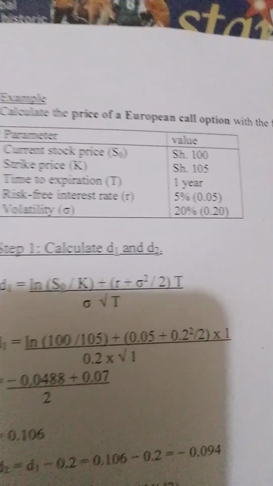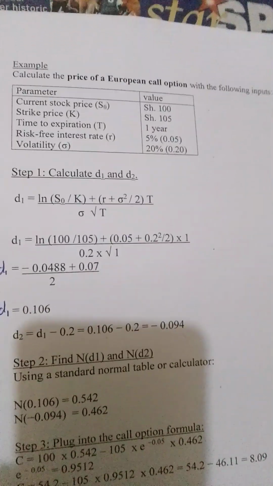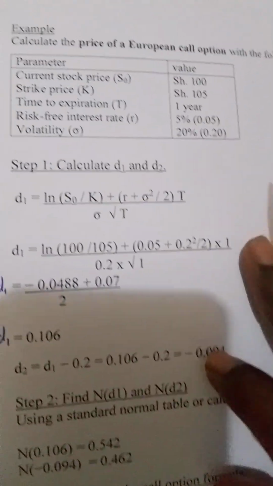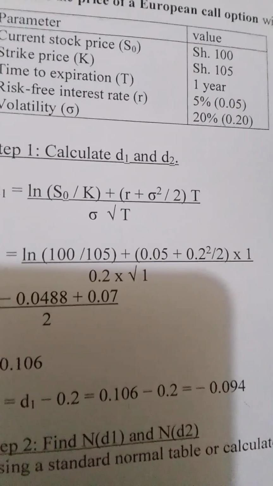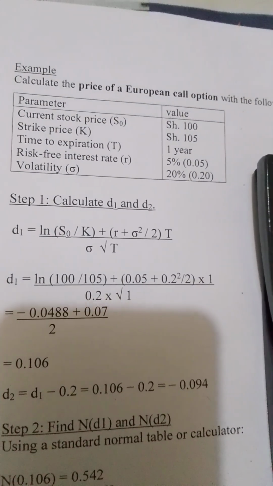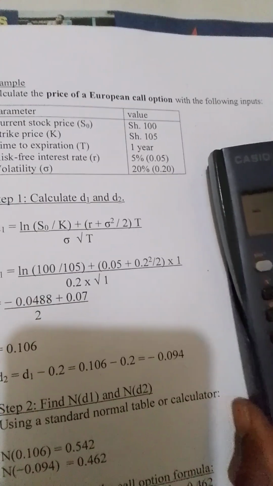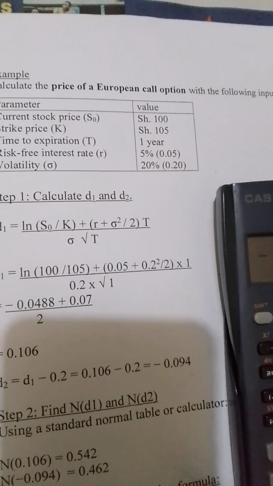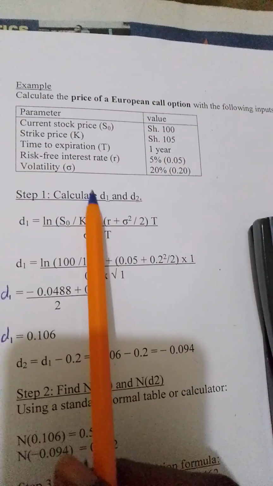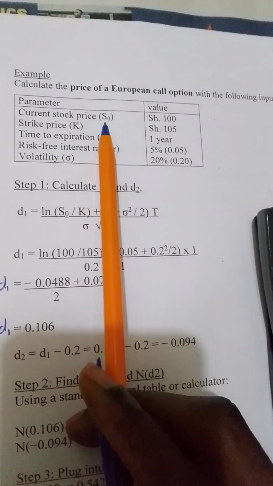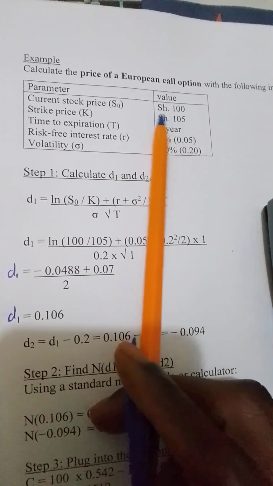Right, I am there. I'm giving an example whereby I'm told to calculate the price of a European call option with the following inputs. You have the parameters. The first one is the current stock price, S, 100 shillings.